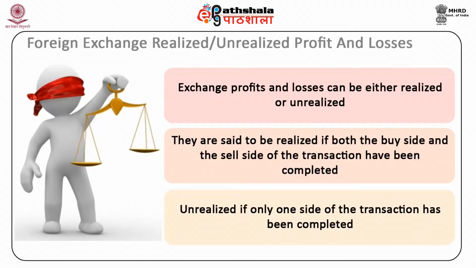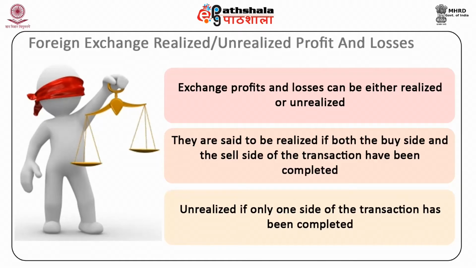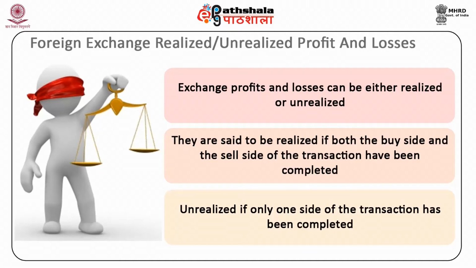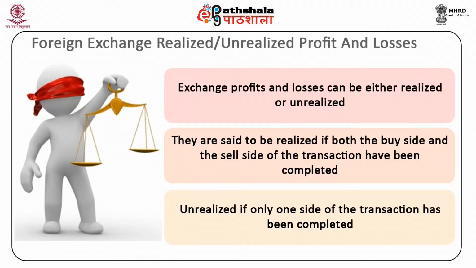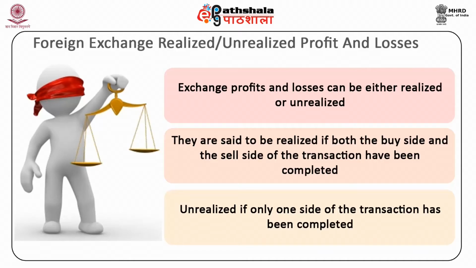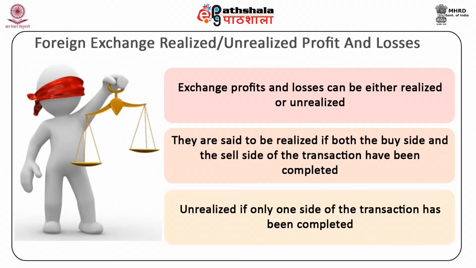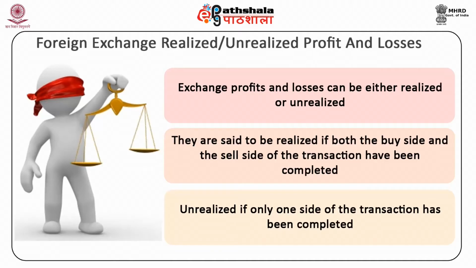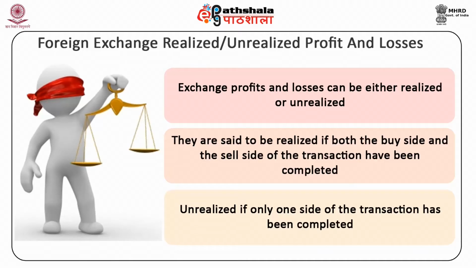Here, unrealized profit equals proceeds of potential sale of 10 lakh pounds sterling minus the cost of purchase of 10 lakh pounds sterling, which equals 10 lakh into 1.4435 minus 10 lakh into 1.4450, which equals 14 lakh 43,500 minus 14 lakh 45,000, which equals minus 1500 US dollar.